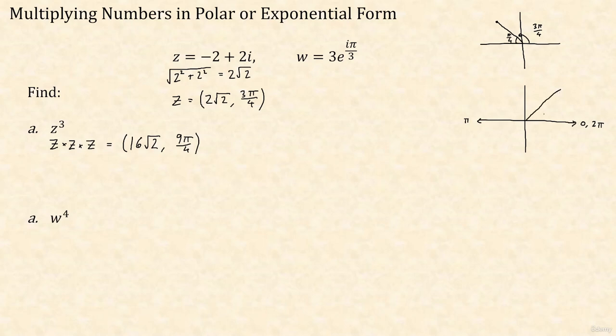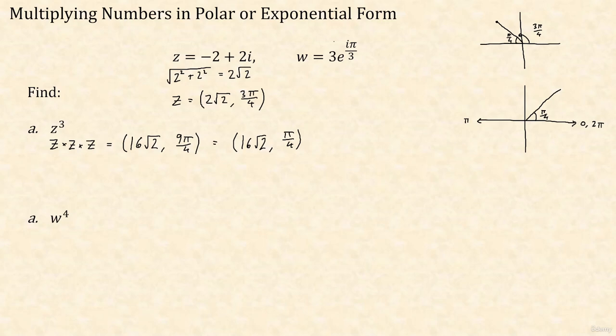So it's here. Now what is that? Well, that is simply pi over 4. So actually we can just write this as a modulus of 16 root 2 and an argument of pi over 4. Essentially, you can just add or subtract multiples of 2 pi from your arguments until you get a number between minus pi and pi. So there is a relatively quick way of working out z cubed.